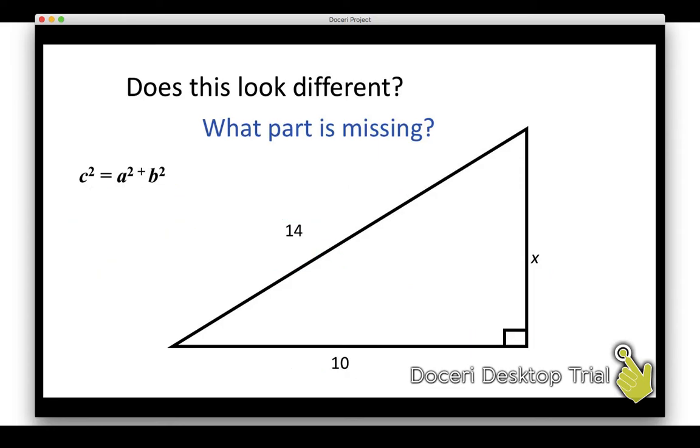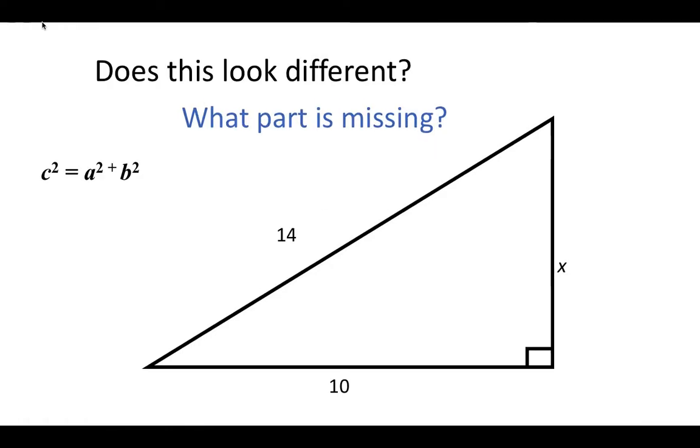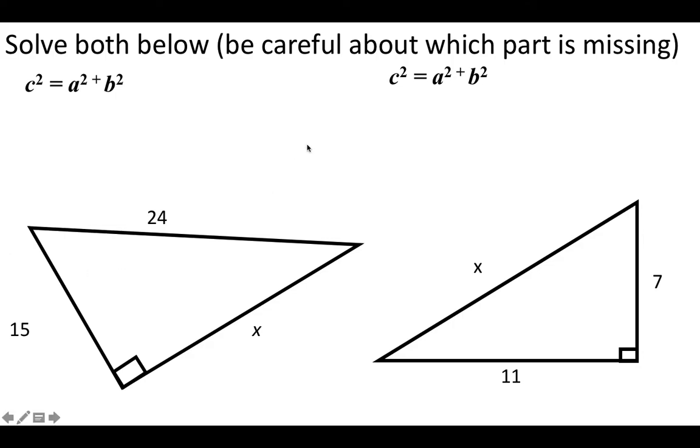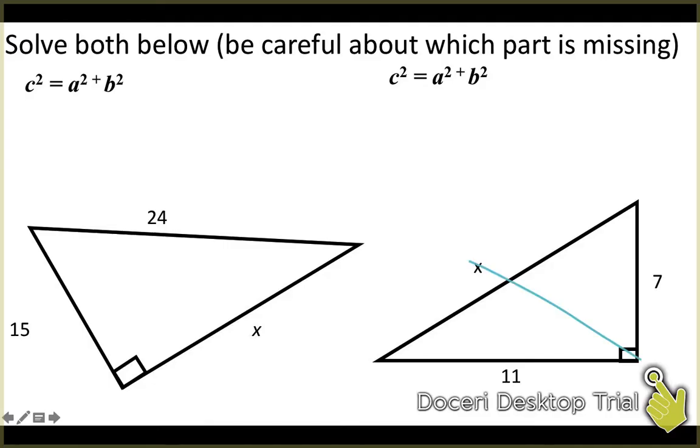All right. Let's try another example. I am going to do just this first one on this page. So right here, we have the 24, which is across from the right angle. So 24 would be my hypotenuse.